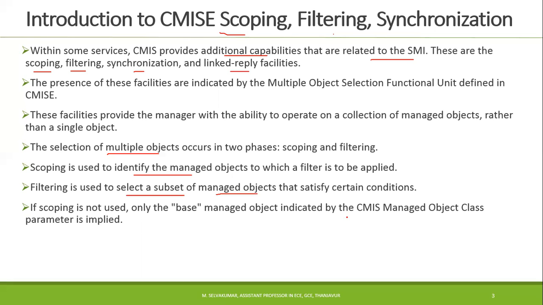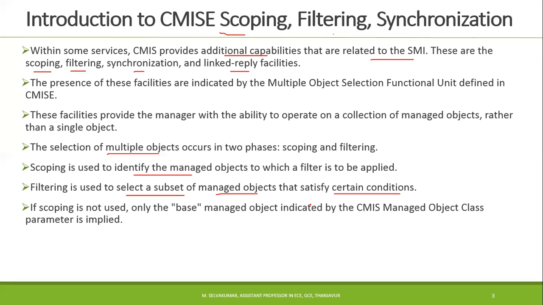Then, in that class, particular student information has to be obtained. That is identified by using filtering, by the name of the student and the roll number, which satisfy the certain condition.